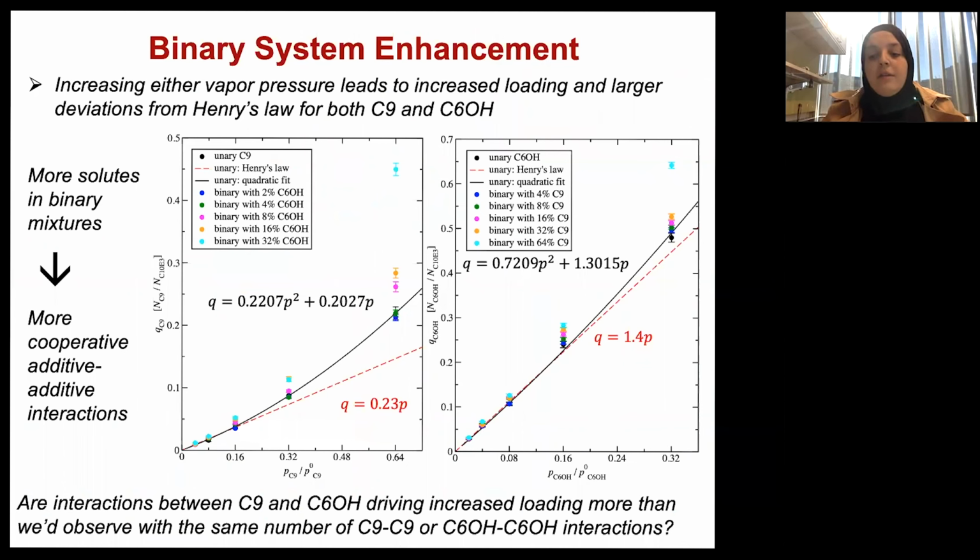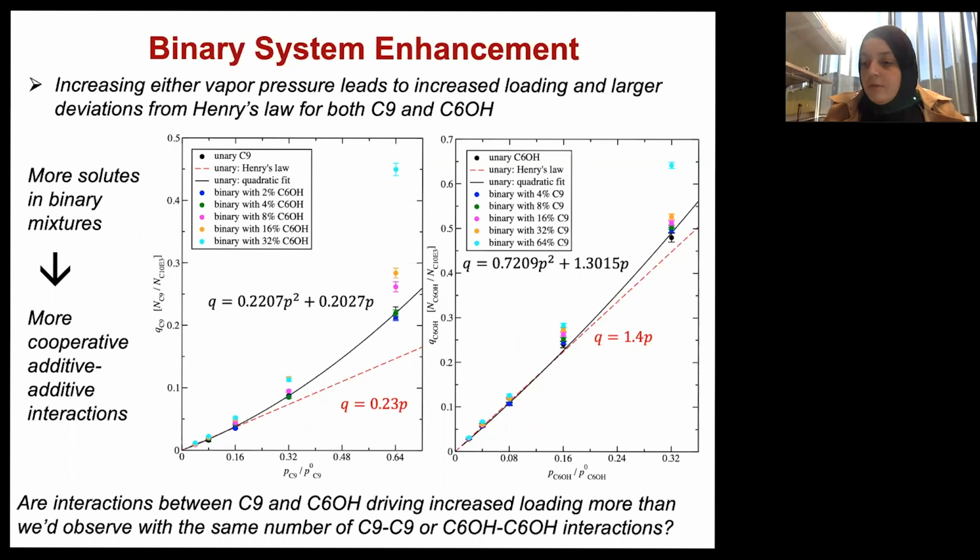We also have the unary nonane fitted. And on top of that, we have all the different numbers of nonanes in the presence of the different partial pressures of hexanol, ranging from 2 to 32%. And the first thing you guys can observe is the fact that with the presence of hexanol, there is more nonane.